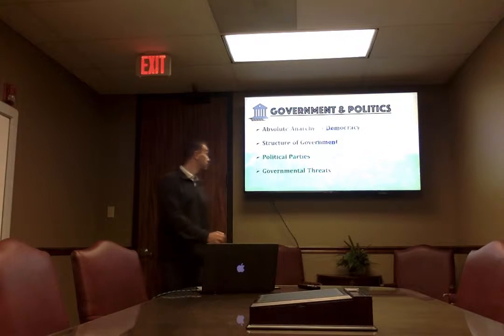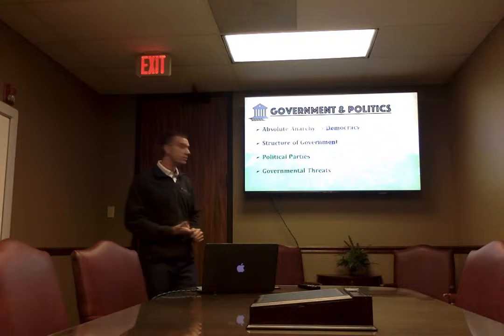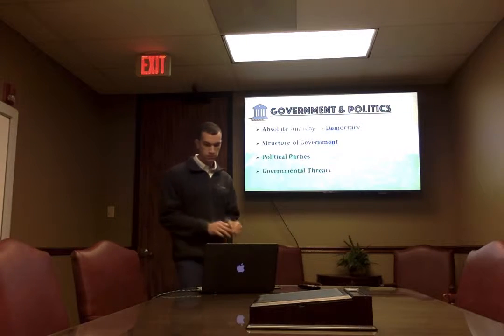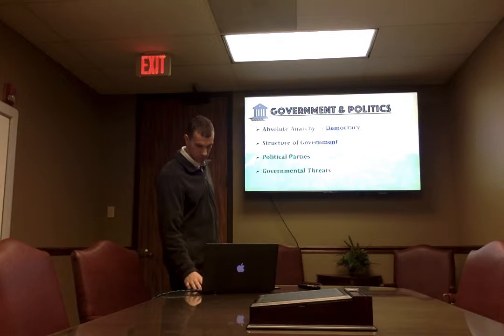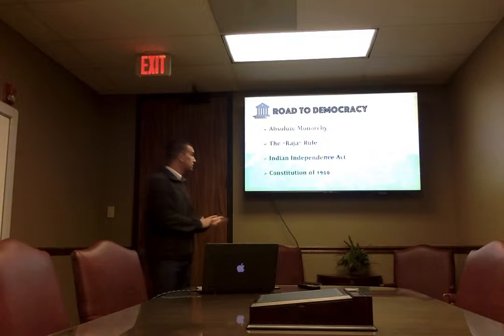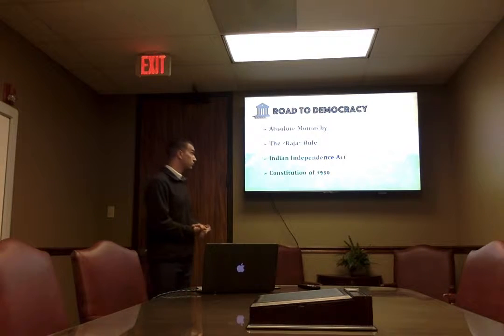Okay, so starting with government and politics, we're going to talk a little bit about the history of where their government came from, the structure of it, the different political parties that they have, and the governmental threats. So starting with the history, in ancient India, there was an absolute monarchy rule, which is basically like a king.